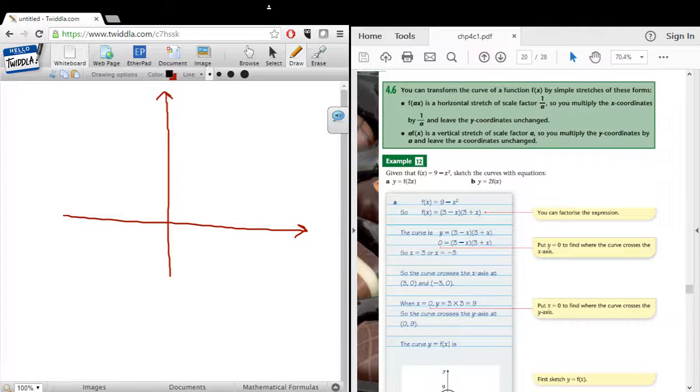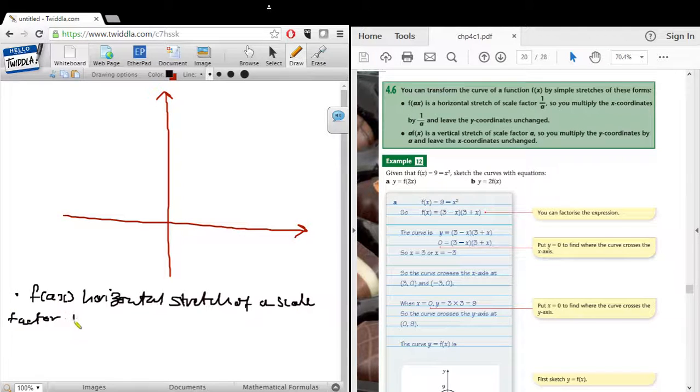Let's take the first point and explain it a little bit more. So if you have f(ax), the horizontal stretch of a scale factor 1 over a.